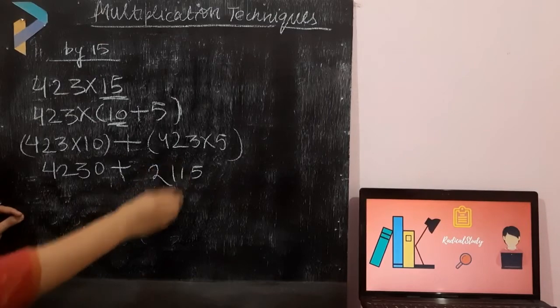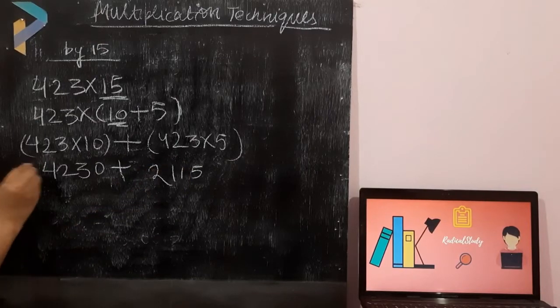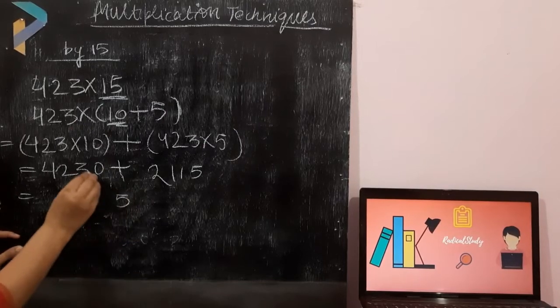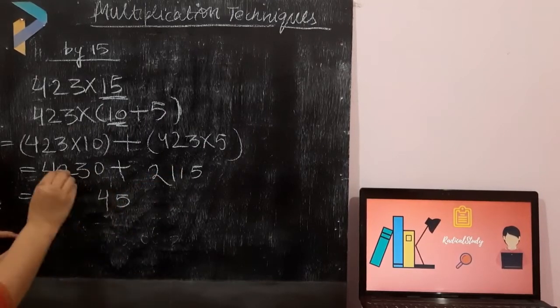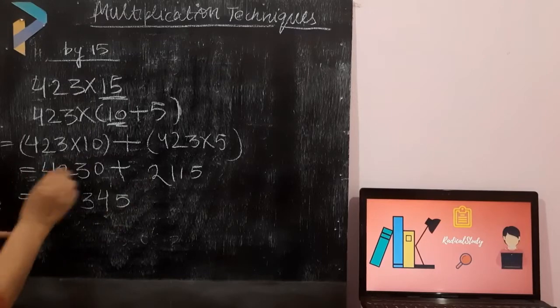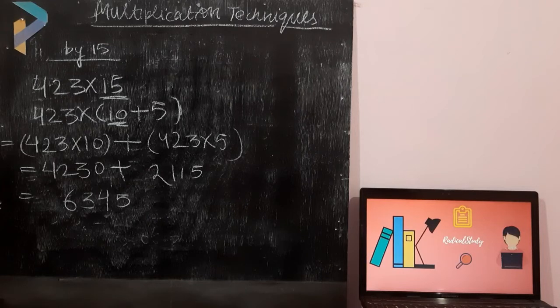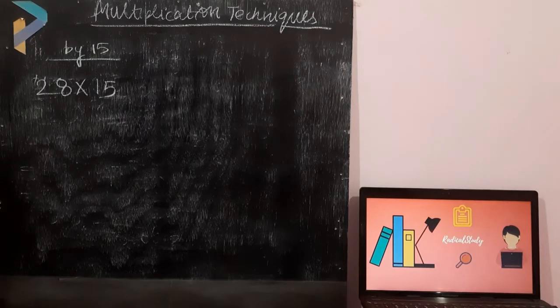So it will be 2115. Now we just have to add this. 0 plus 5 is 5. 3 plus 1 is 4. 2 plus 1 is 3. And 4 plus 2 is 6. So what is the answer, students? The answer is 6345.